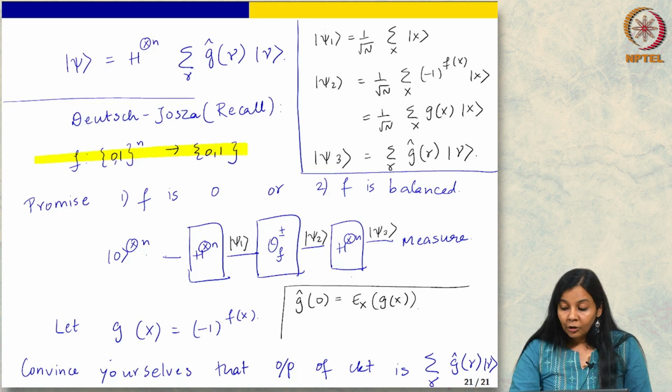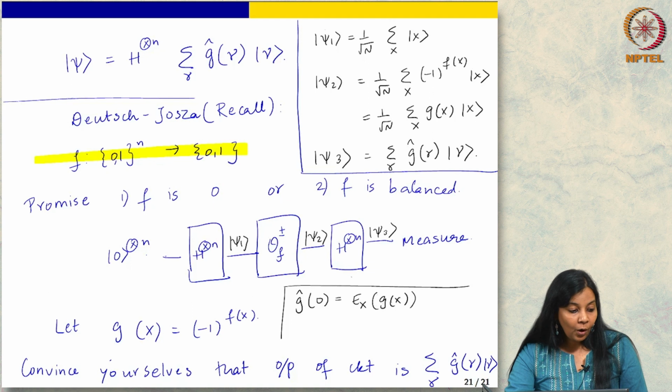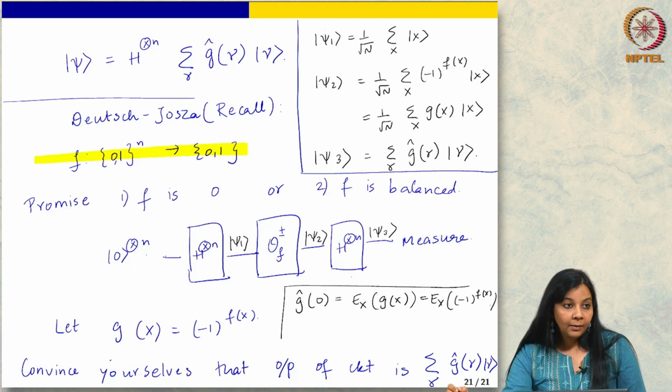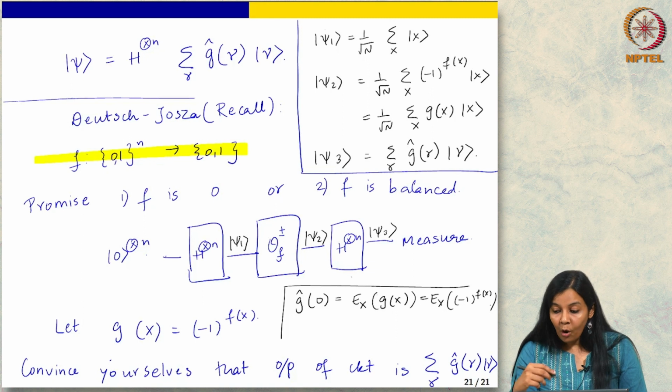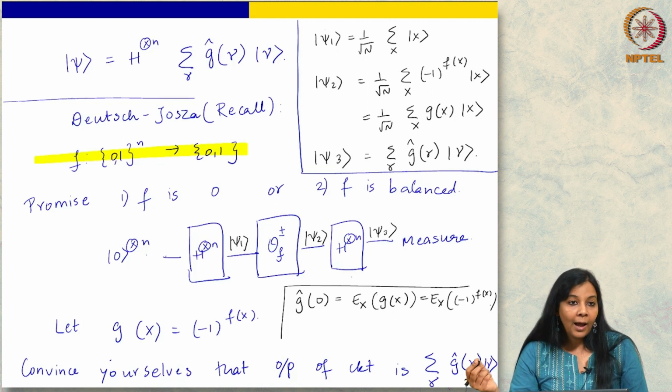Now g of x is minus 1 to the f of x, so this is the expectation over x of minus 1 to the f of x. If f of x is always 0, then this is 1. If f of x is balanced, then this is 0.